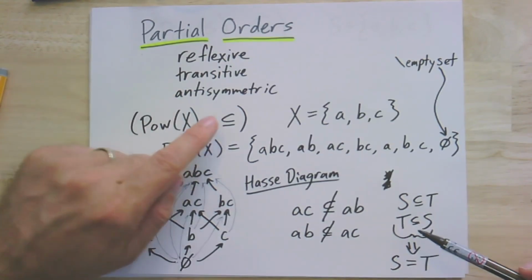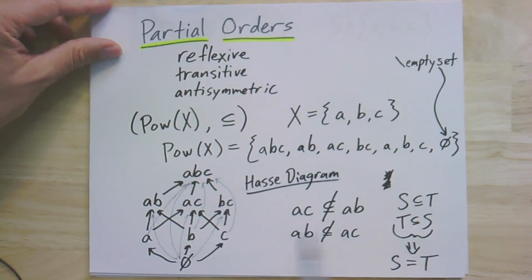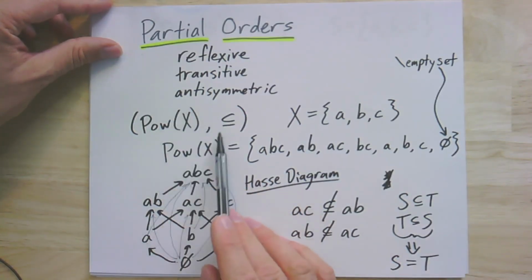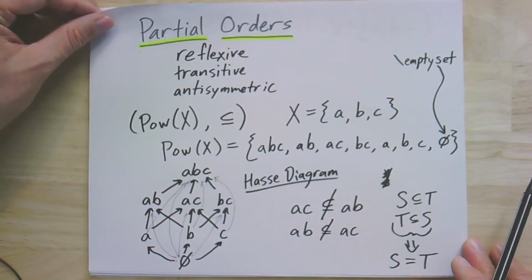So once you have this definition, then you know that antisymmetry holds. Technically, the definition comes first, but we use that to show that this relation does have this antisymmetric property. Whew. Okay.